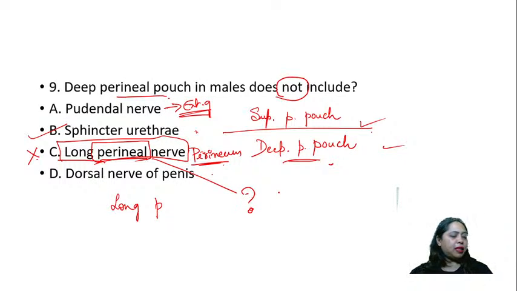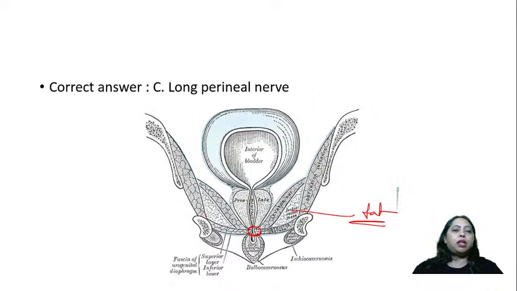So it is not present. They're trying to confuse you. So that is the one which does not belong to the deep perineal pouch. Because that name itself doesn't exist, there is no point in discussing something that doesn't exist. Next one.